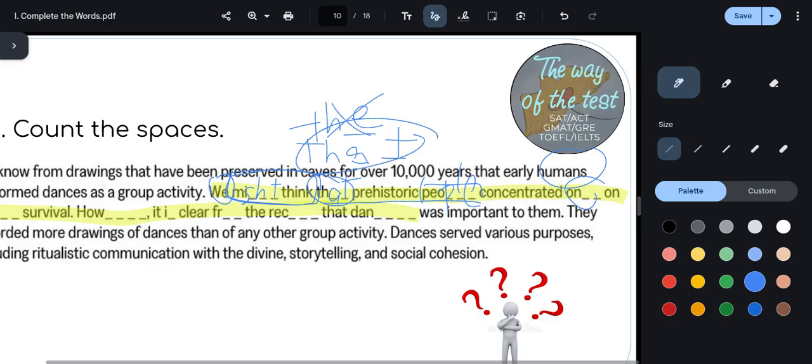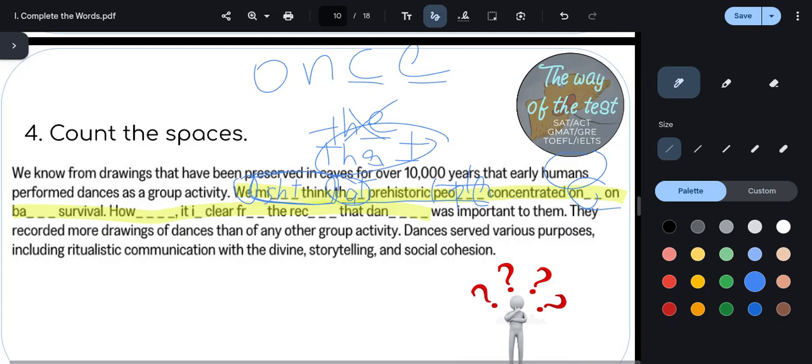Again, there's a lot of just playing with words that exist. If you play a lot of hangman or a lot of Wordle, you're gonna start predicting the words because there are not too many words that begin with on and then have two spaces. You can put once, yes, but they put concentrated once on survival, and then we have a how.